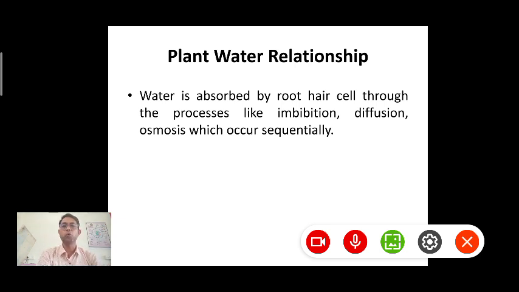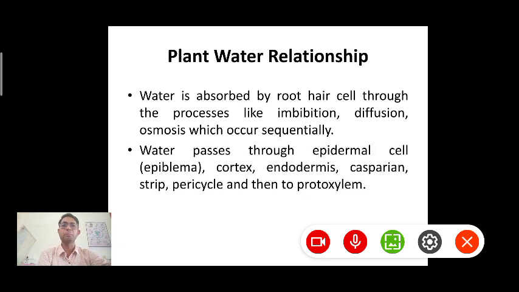The water which is available in the soil, that we call capillary water, is utilized by these plants by the process like imbibition, diffusion, osmosis. So any one of these processes will go on, and the plant will absorb this available water.